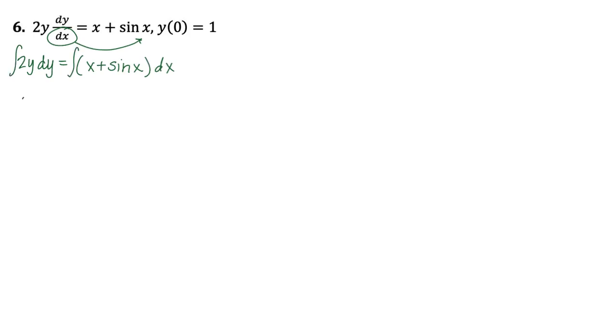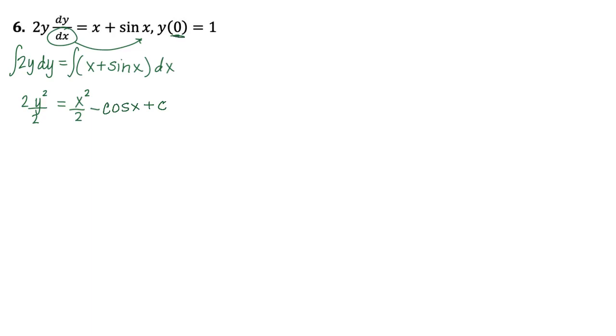And so that's going to be 2y squared over 2 equals, and then we're going to have x squared over 2 plus, and if we integrate sine, we're going to get negative cosine. So I'm going to drop that plus sign and just leave that negative cosine x plus c.